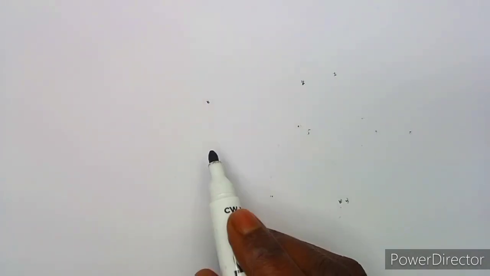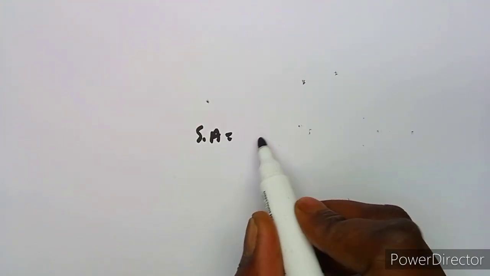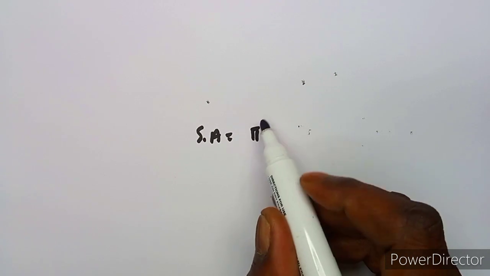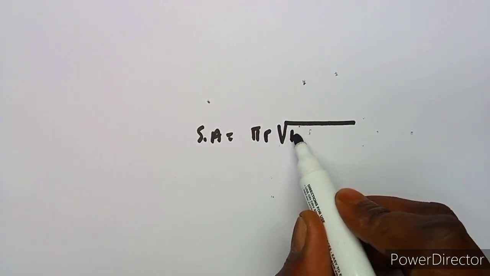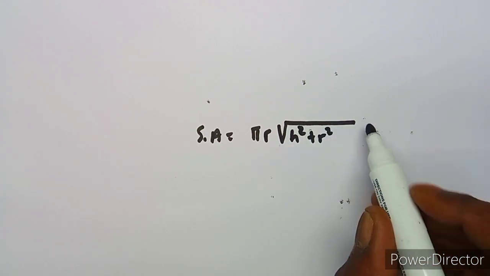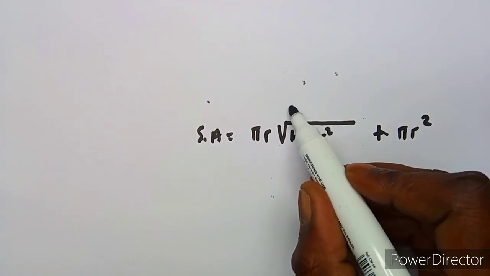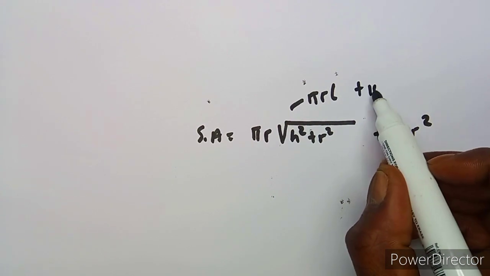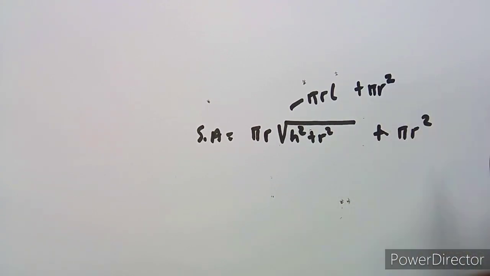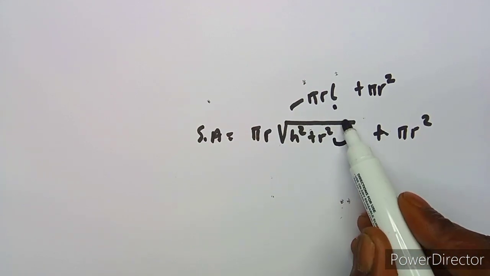So which means we have to find that, or we can just substitute direct our surface area, which is going to be pi r times the square root of h squared plus r squared, plus pi r squared, which is the same thing as pi r l plus pi r squared. So we have to find this l here.